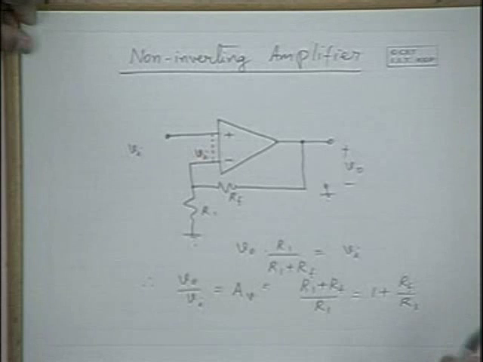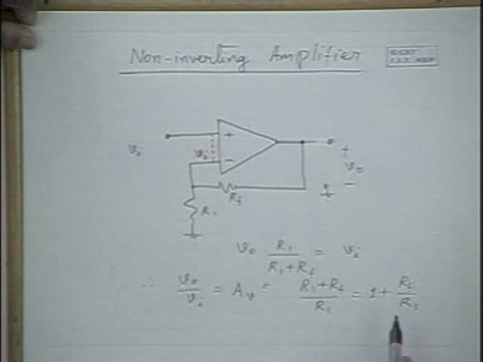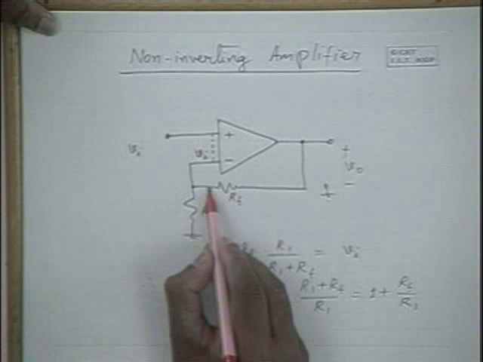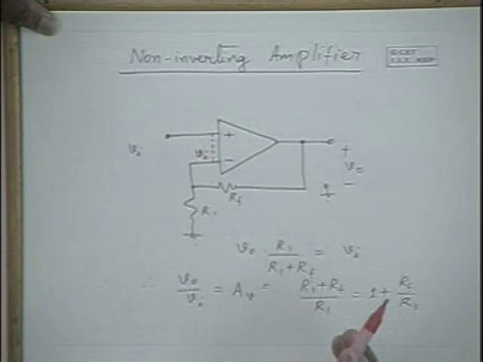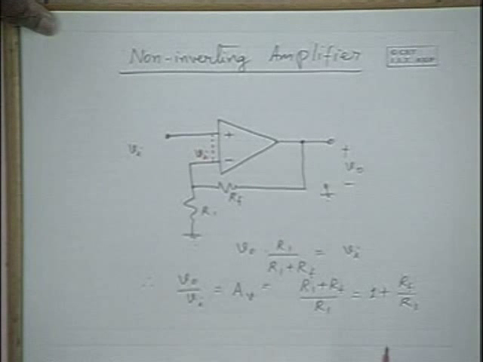Unlike in the case of an inverting amplifier, you have 1 plus Rf by R1 as the expression for the voltage gain. And please note that with the output shorted to the input, that means when this is infinity and this is a short circuit, Rf by R1 is 0 and the voltage gain AV is equal to 1.